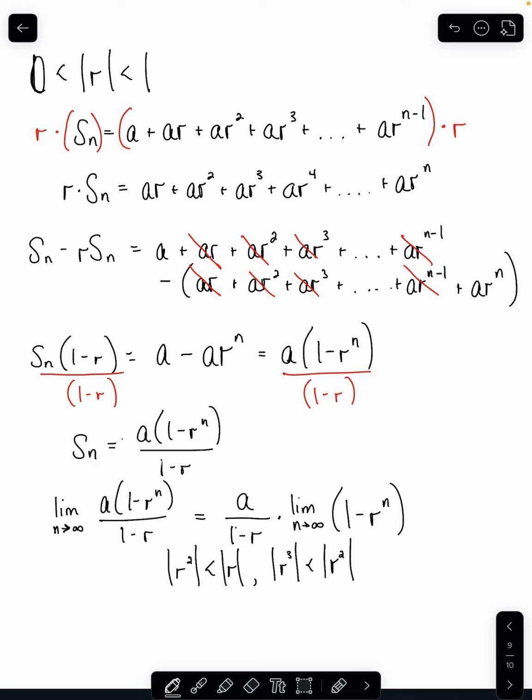Take 1/2, for example. If I multiply 1/2 by itself, 1/2 of 1/2 is 1/4, definitely smaller than what I started with. And then if I multiply by half again, I now have half of a fourth, which is an eighth. And then half of an eighth, which is a 16th. And I'm always cutting it in half, thus making it smaller. So the idea here is that as n goes to infinity, r to the n is going to approach 0.